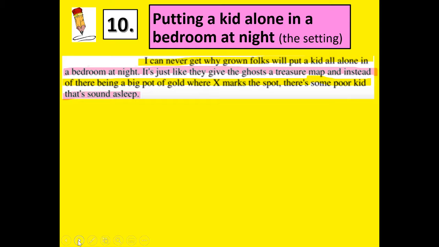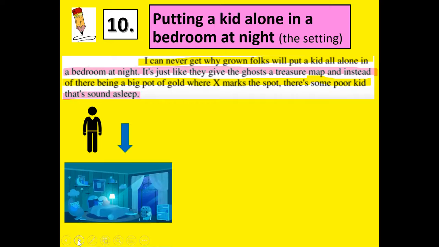I can never get why grown folks will put a kid all alone in a bedroom at night. It's just like they give the ghosts a treasure map. And instead of there being a big pot of gold where X marks the spot, there's some poor kid that's sound asleep.